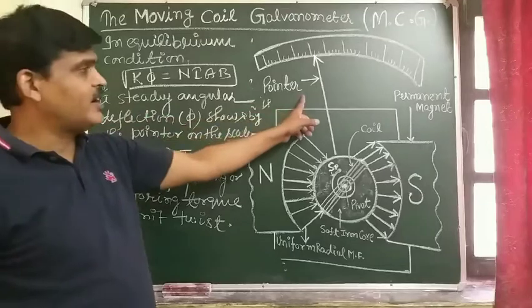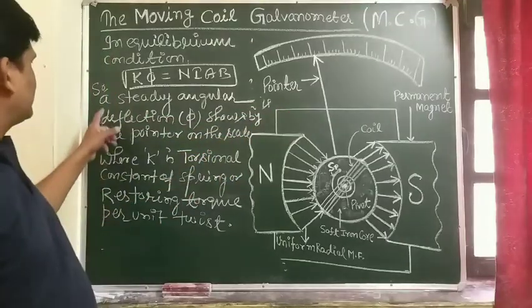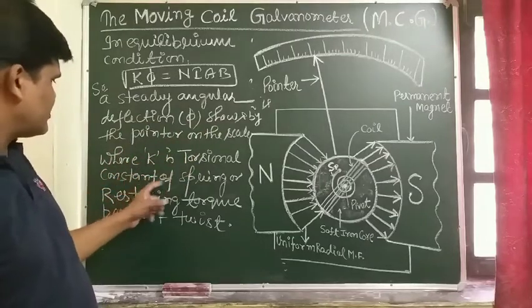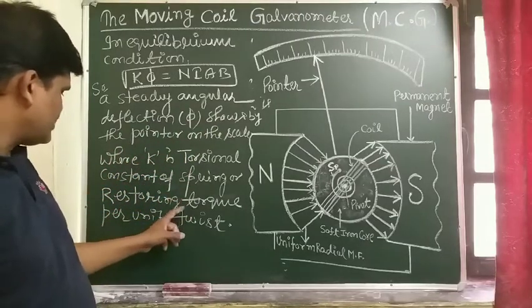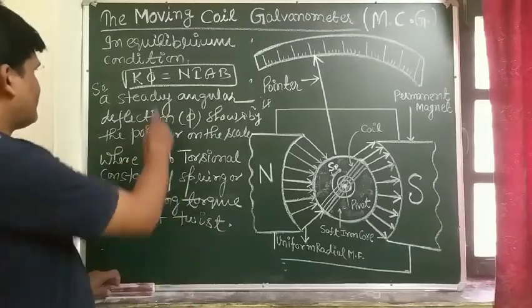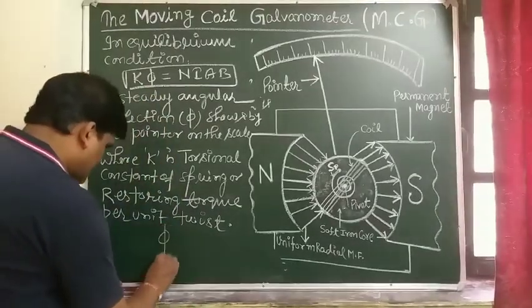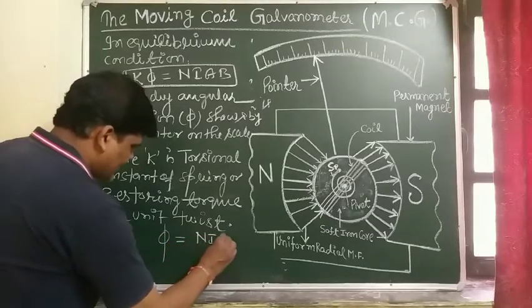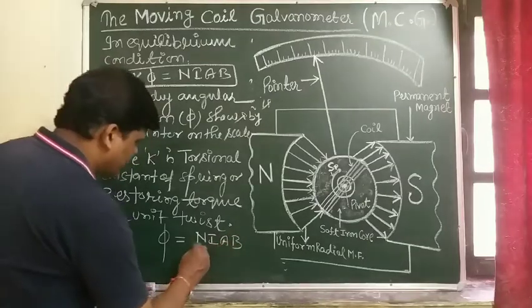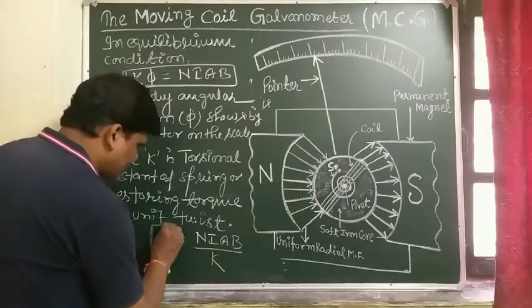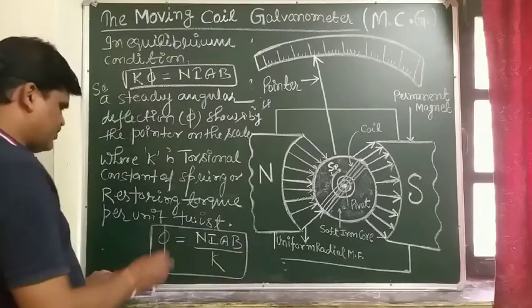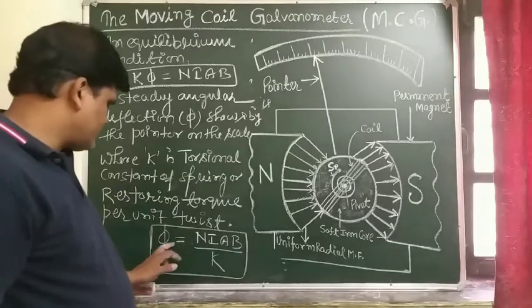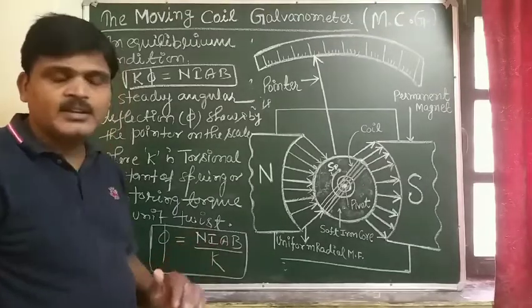Phi can be written as NIAB by K. So the angular deflection shown by the pointer on the scale of a galvanometer is phi equals NIAB by K.